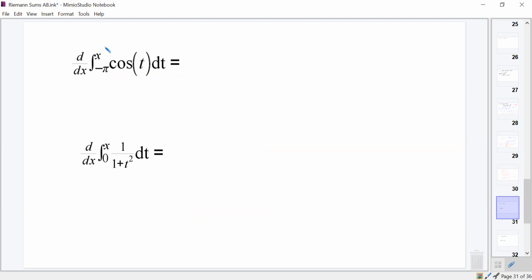Do we need to know what function is the antiderivative of cosine in order to be able to do this? The answer is no, but we can use it if we know what it is. So does anybody know what the antiderivative of cosine is, or what the integral of cosine is?